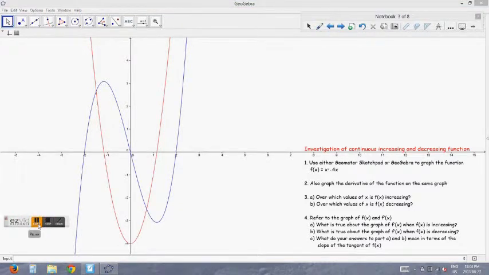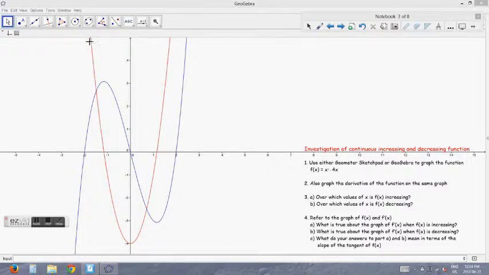Remember that the red is the derivative and blue is our function. So let's take a look at the intervals for which the function is increasing. Let's just take the first branch right here. Here the function is increasing. We're getting bigger and bigger as we go larger and larger in value of x. What is the derivative?